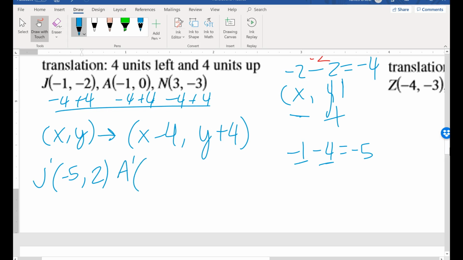Negative 1 minus 4, same thing over here, y'all. We know it's negative 5. 0 plus 4 is 4. And then N prime. 3 minus 4 is negative 1. Positive family, negative family, more negatives than there are positives, negative 1. And then negative 3 plus 4 is pretty much the opposite, it's going to give you a positive 1.